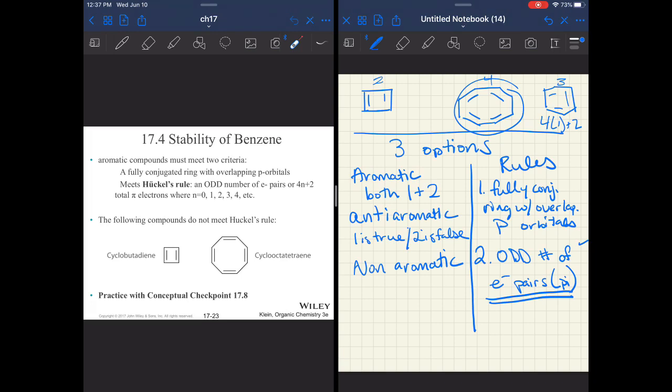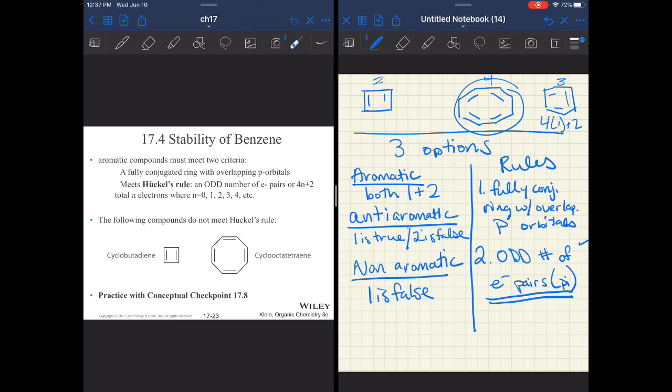And that's going to help us to understand cyclooctatetraene and cyclobutadiene in a moment. And then what is non-aromatic? 1 fails. It doesn't matter how many pairs of pi electrons. If it's not a fully conjugated ring, or it's not a ring of all continuous overlapping p orbitals, it can't be aromatic or anti-aromatic at all.